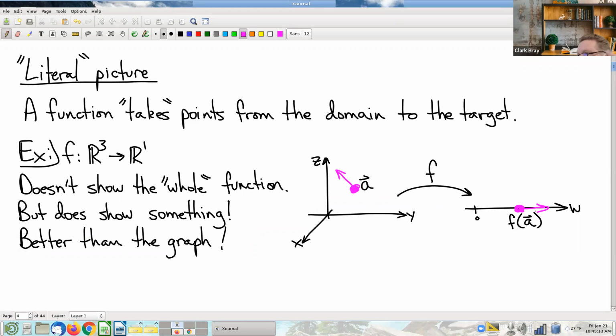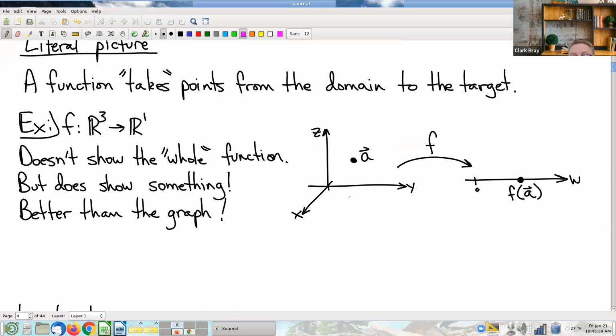Well, I at least have a representative picture that's showing my scenario of being at a certain point and moving at a certain velocity. And that's showing a representation of what I'm trying to understand, namely, what is the resulting velocity of the output? So this is nice. It's a good thing. And like I say, in any way, really better than the graph picture.